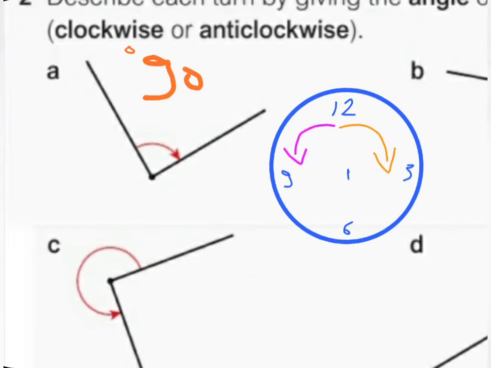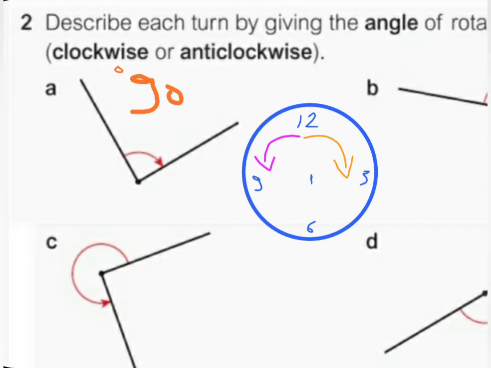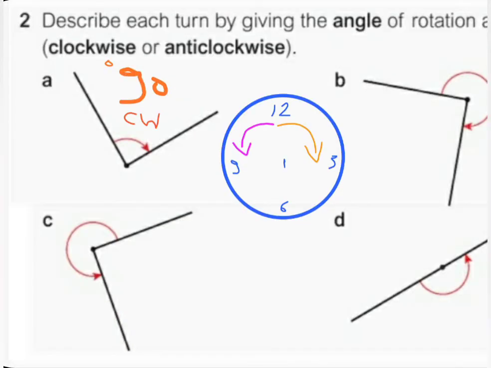Now, let's take a look at shape A. Shape A is like this one. So we call it, very good, clockwise. Now, the answer will be 90 degrees clockwise. Very good. We will write like this, clockwise. We can write CW or clockwise.